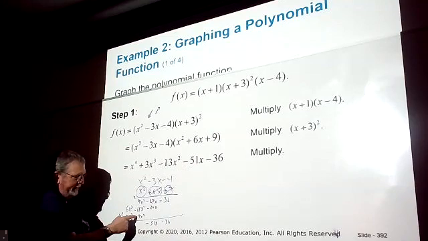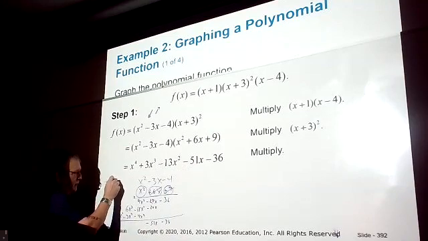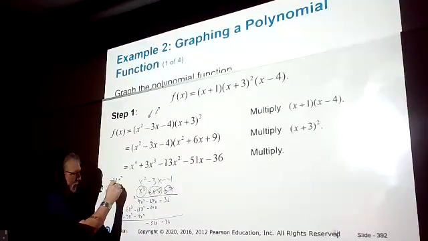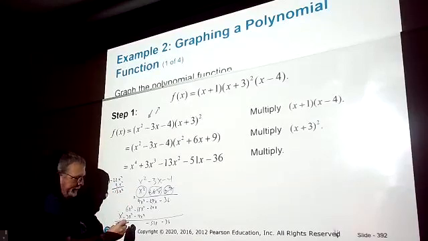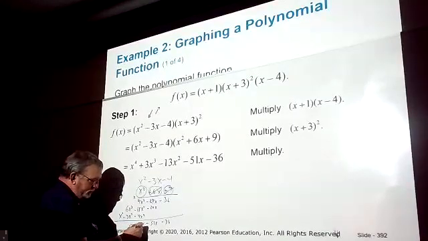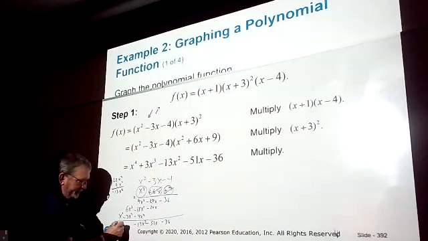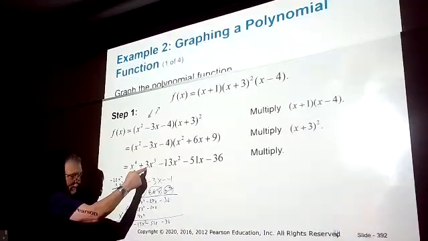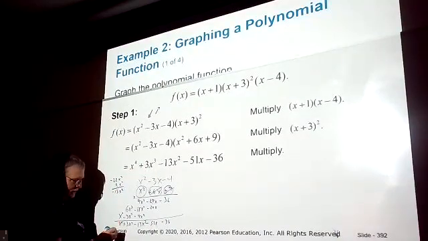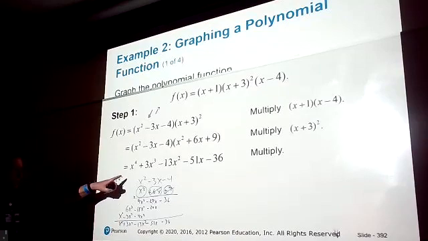Negative 18 and negative 4 is a negative 22x squared, and I combine that with a positive 9x squared, which gives me a negative 13x squared. Same thing here: 6 minus 3 is 3, so that's plus 3x to the 3rd, and then x to the 4th, because there's no other x to the 4th.